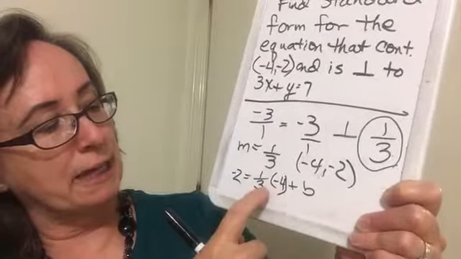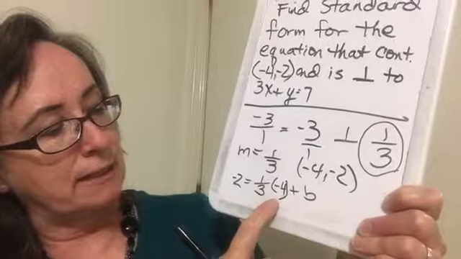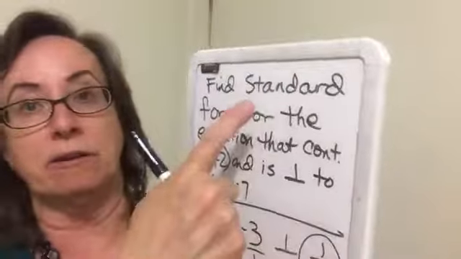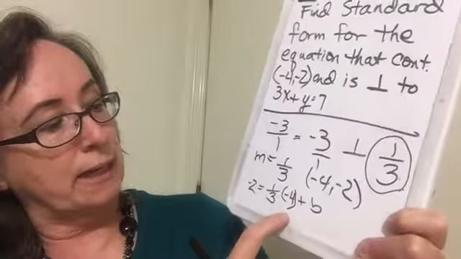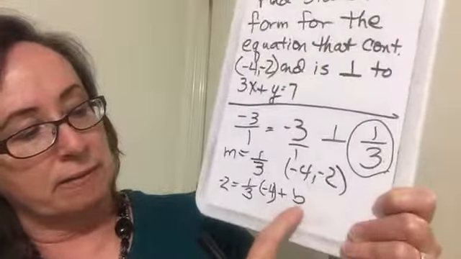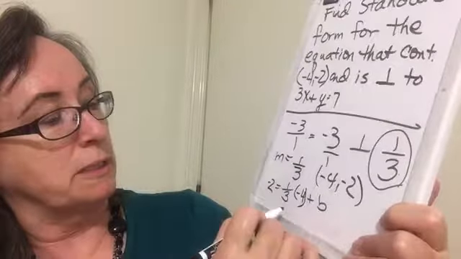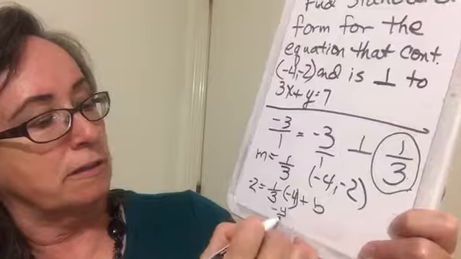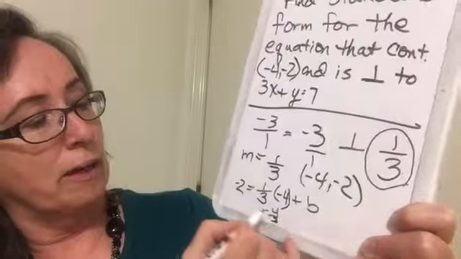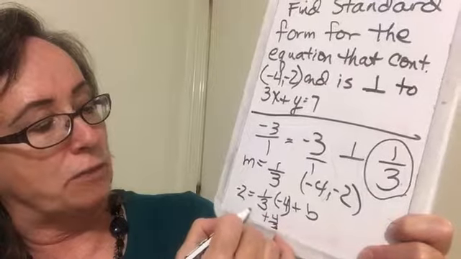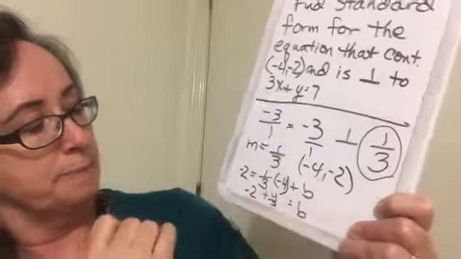So we end up with a -4/3 on this side, but we want to get this into standard form. So we're going to wind up having to get this b over here. So we'll say this is going to be -4/3. When I move it to the other side, it becomes a +4/3, and a -2 is b.